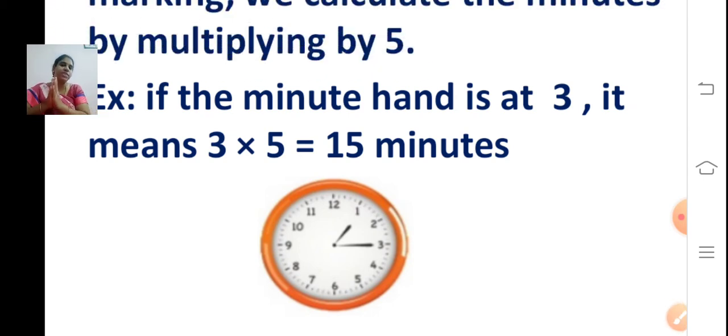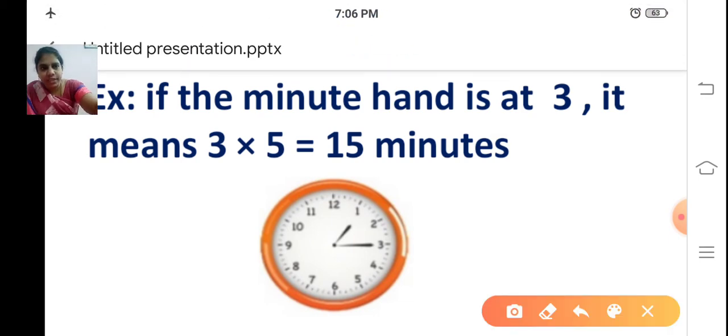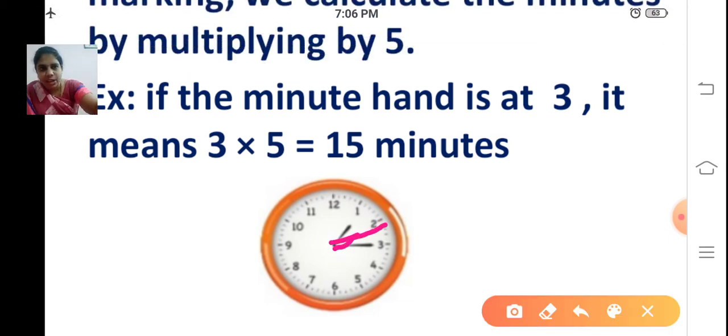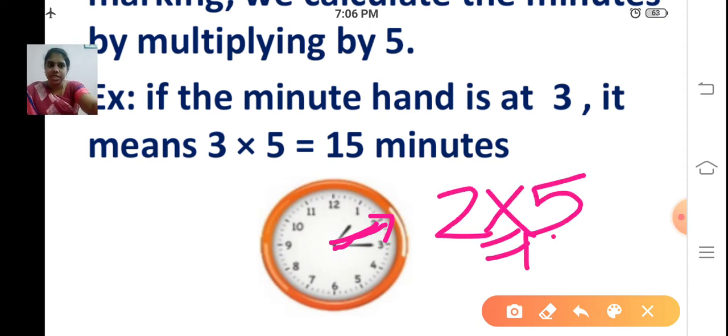So you know how to see the hour hand, right? For the hour hand, you have to see the smaller one. And for the minute hand, how to calculate? Just see where it is. If it is at number 2, multiply 2 by 5. 2 fives are 10 minutes.